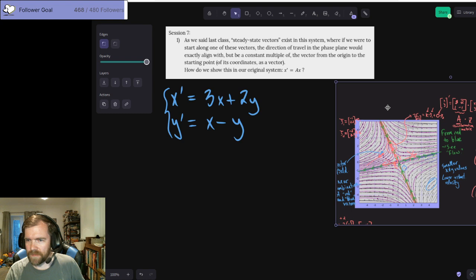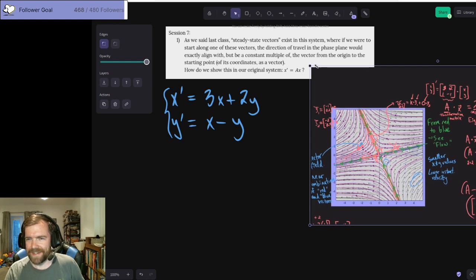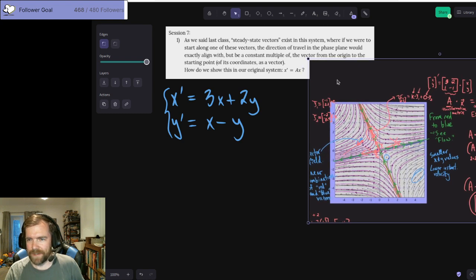Let's see how much I remember. Okay, so we had some vectors. The phase plane here is all the arrows pointing in their respective directions for different points on the phase plane. We made the purple trajectories. Yes. And those are the specific solutions for given initial conditions.